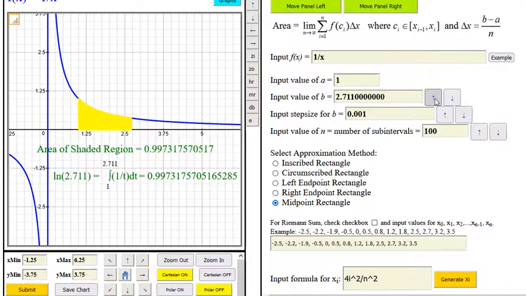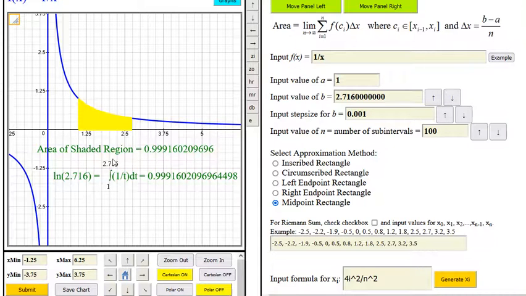Let's see if we can get closer. And this is the natural log of 2.714, and the area of this shaded region here is 0.9984. So it looks like we're getting closer.